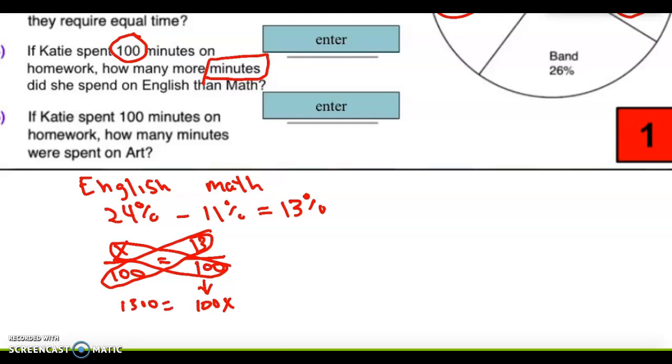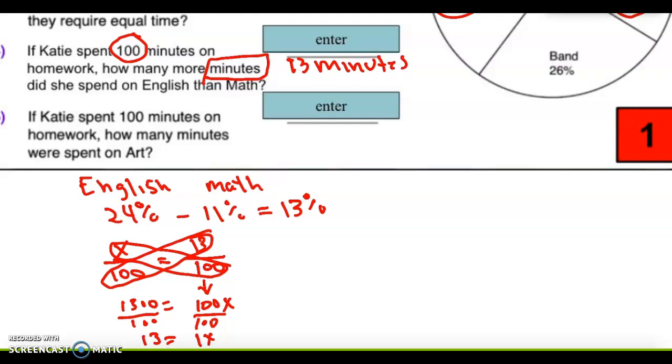Now I've got 100 times x. The inverse operation of multiplication is division, and I'm dividing by 100. If I divide 1300 by 100, that gives me 13. And 100 divided by 100 would be 1x. Therefore, my answer would be 13 minutes.